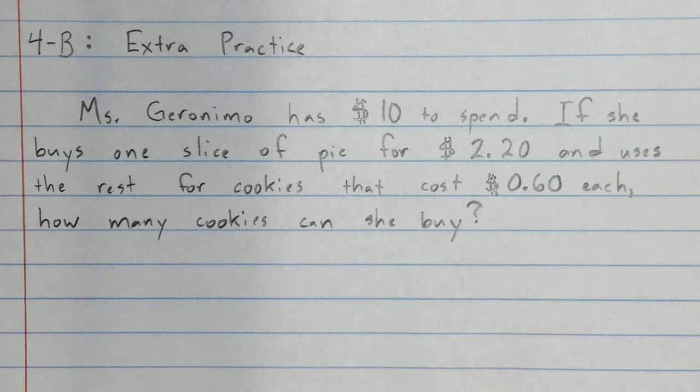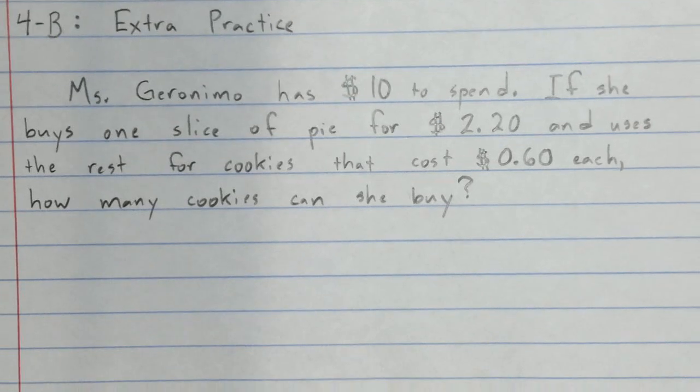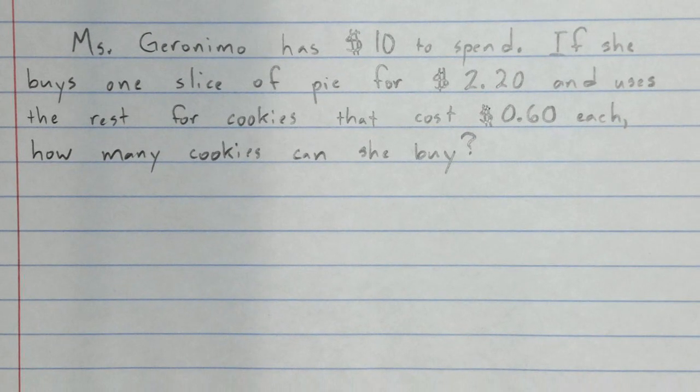Okay. Now, when we're solving problems, it usually helps to start by looking at what we have, or in this case, what Ms. Geronimo has, and then looking at what we're doing to change that. Are we adding, subtracting, multiplying, dividing? What are we doing with what we start with? So Ms. Geronimo has $10.